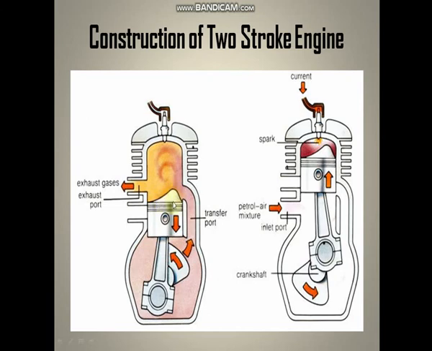Actually in a two-stroke engine, the piston has some projections, and these projections are known as the deflector.